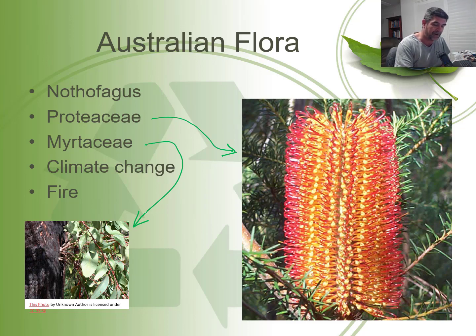I don't know if you can see from here, but one of the great things about a lot of Australian plants is their ability to regenerate very quickly after fire. You can even see areas where there are blackened stumps and blackened trunks of trees, and you can see some of the little epicormic buds, the little growth regions that have sprouted through the black bark and are producing new growth, so that the plants can regrow and recolonize.